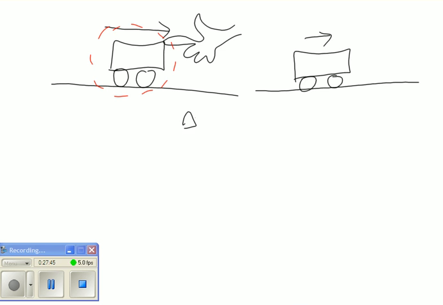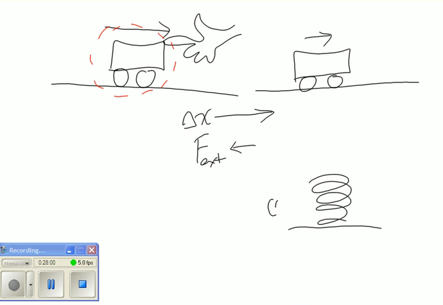We see the same pattern with a displacement of the system object in this direction, while the external force is in the opposite direction.